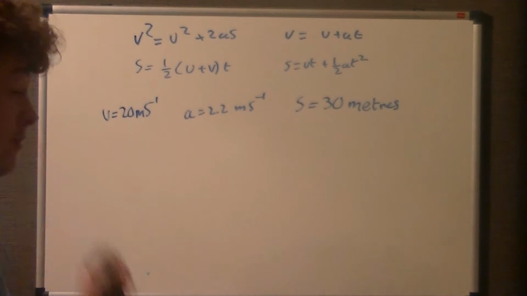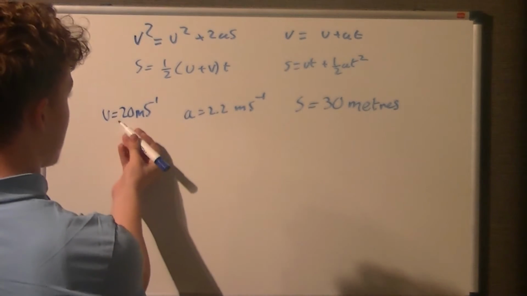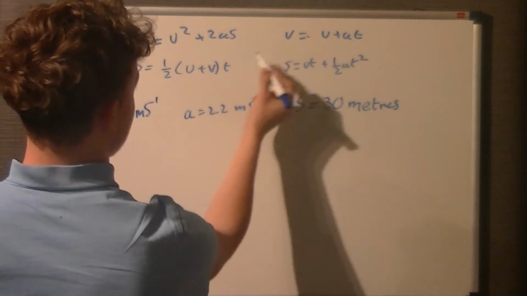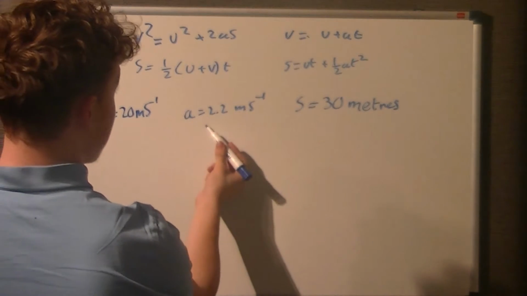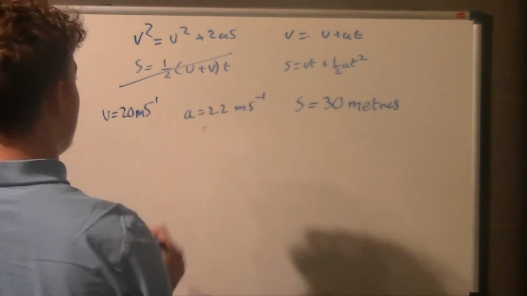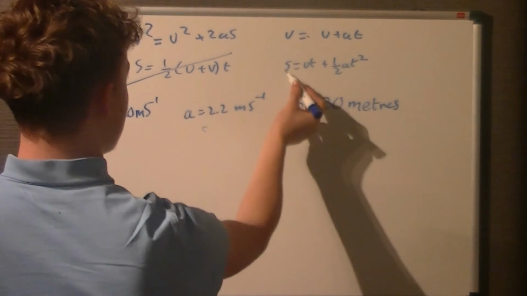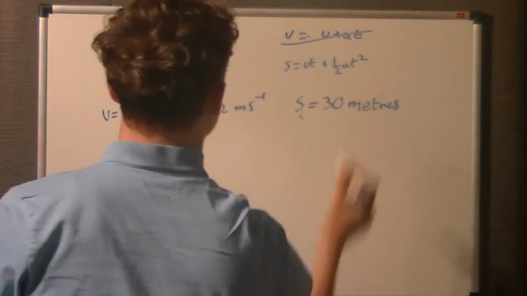So we've been asked to find the final velocity, and we look for an equation that has U. All of them have U. We've got one that has A, and only these 3 have A, so we get rid of that one. We need one that has S, and we're going to get rid of that one.